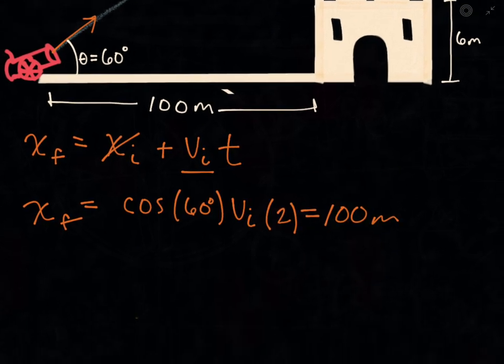So, scrolling down and pulling out our calculator, the cosine of 60 degrees times 2, those are both constants, so we can move them over to the other side and divide by them.